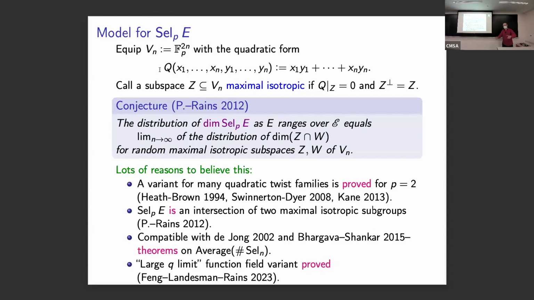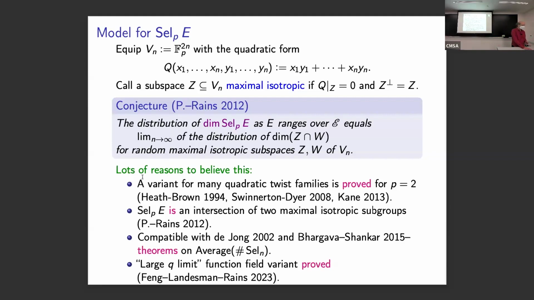It turns out the distribution of the intersection dimension tends to some particular distribution on non-negative integers. And then we conjecture that this distribution behaves the same way as the dimension of a random p-Selmer group. That's the conjecture, and there are various reasons to believe this.